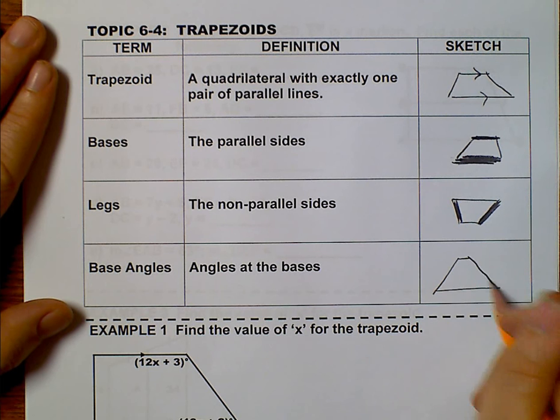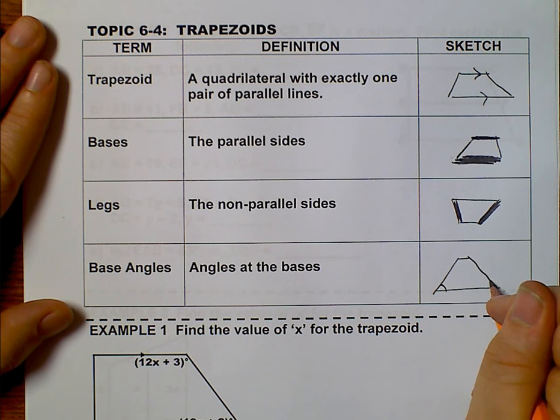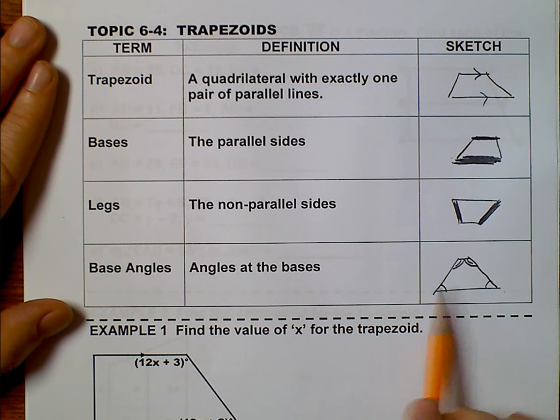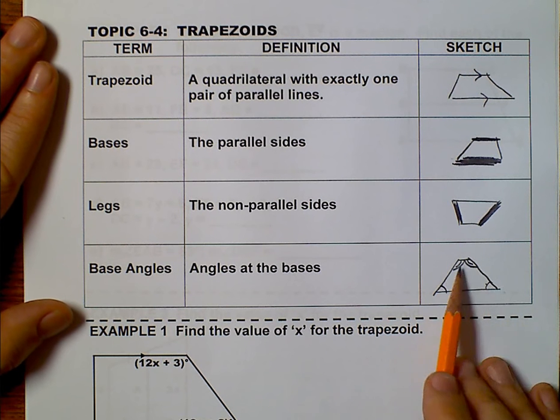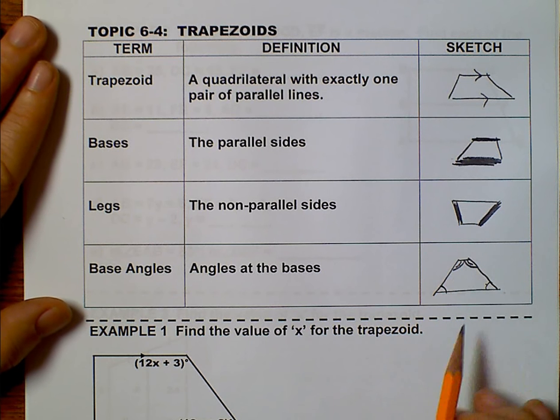And my base angles, those would be the angles at the bases. So I'm either talking about those angles or I'm talking about these angles. I'm not talking about an angle for one base and an angle for another. I'm talking about the two angles that match one base.